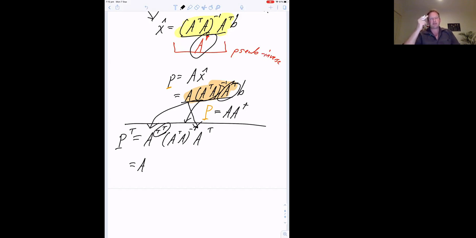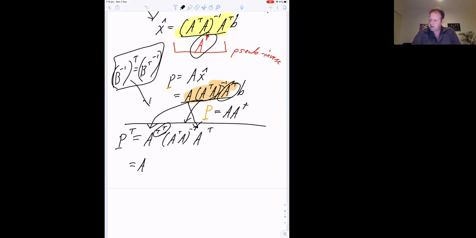We can write the inverse transposed because for any matrix B that has an inverse, B inverse transposed is B transposed inverse. We're talking about square matrices, obviously, because we're speaking about inverses. So we take the transpose of this Gram matrix, but the Gram matrix is symmetric, so you get just A transposed A inverse, A transposed.